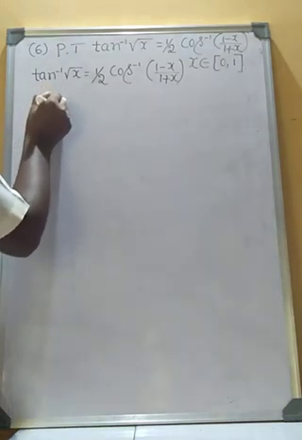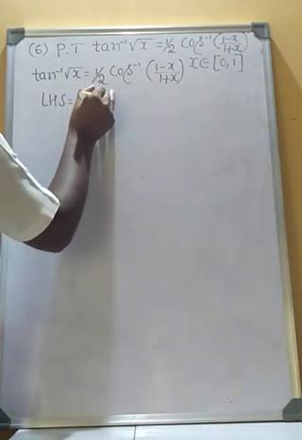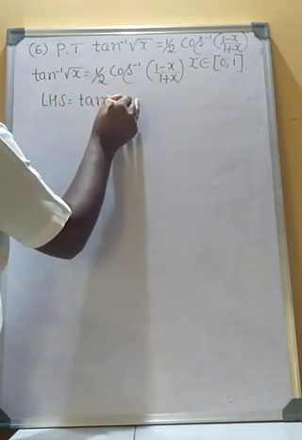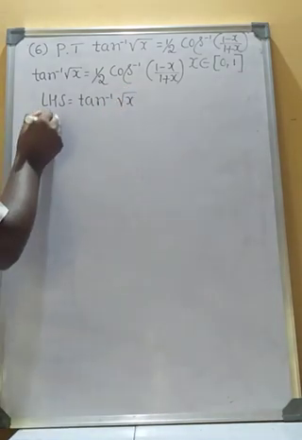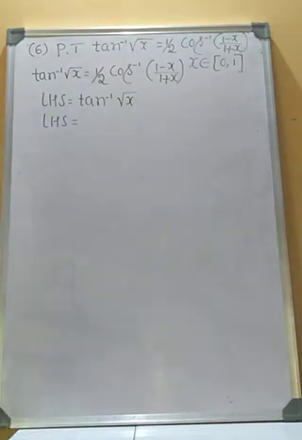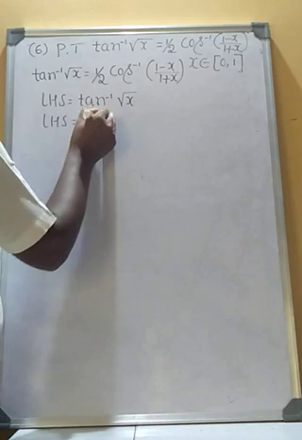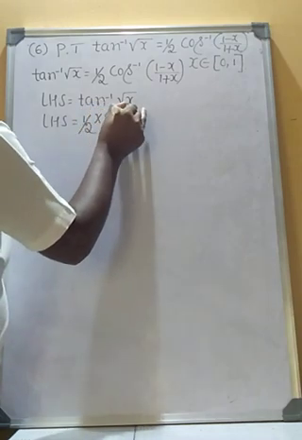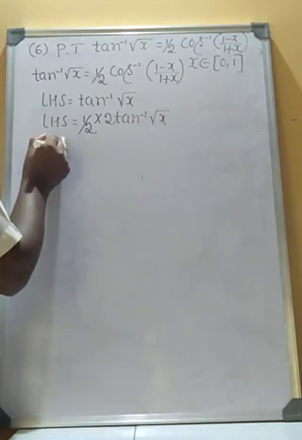Here, the left hand side is tan inverse root x. Therefore, left hand side is equal to, multiplying and dividing by 2, 2 tan inverse root x.